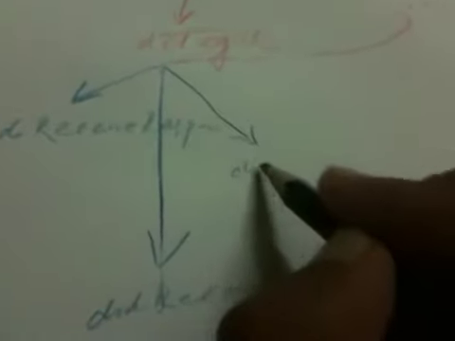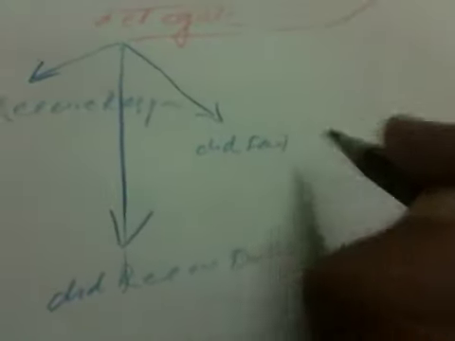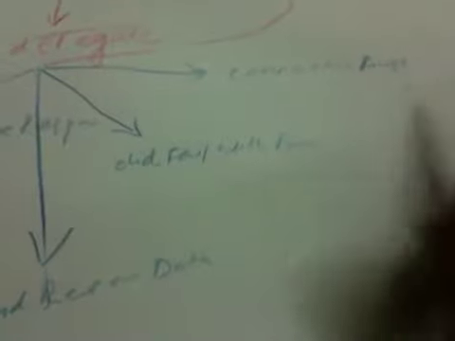Don't worry about the method signatures and everything till now. I will cover that in the second part when I show you the code running in Xcode. Then didFailWithError. And the final one is connectionDidFinishLoading. So these are the four methods we must implement in a particular delegate class.